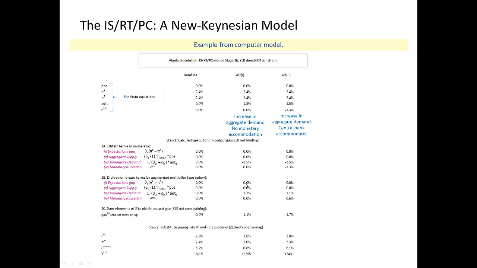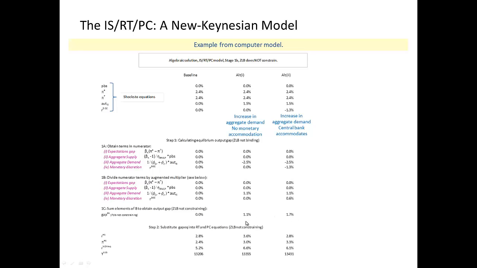So now if we go back to our equation, remember that we have to add this, subtract this, add this, and we do that, and what do we find? We find that the equilibrium output gap under our first alternative scenario is 1.1%, and our equilibrium output gap under our second scenario is 1.7%.